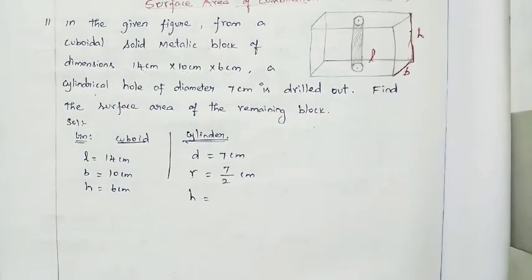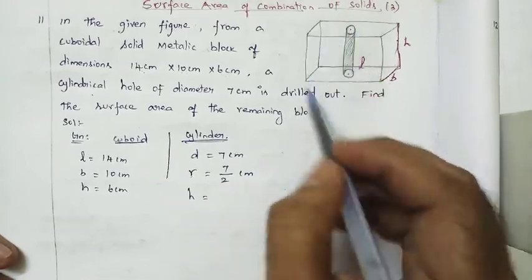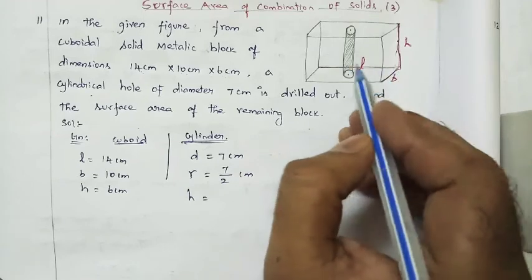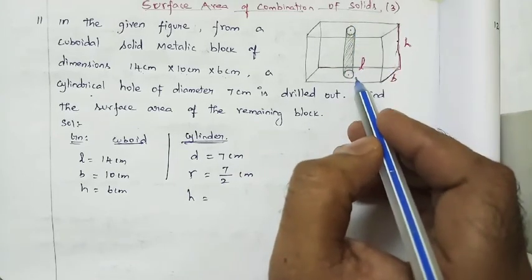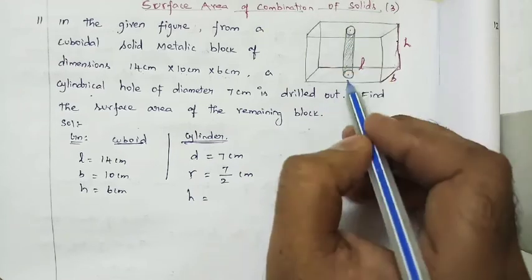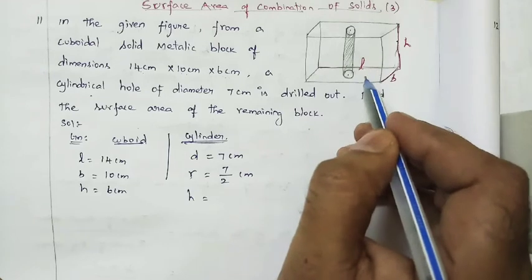While drilling out the cylinder from a cuboid, the height of the cuboid is equal to the height of the cylinder. We can remove the same height of the cylinder from the height of the cuboid.